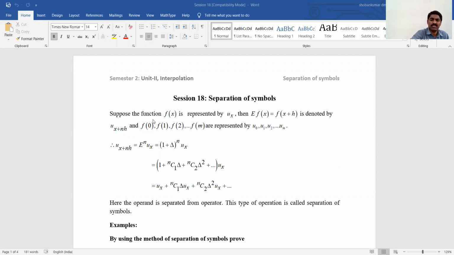Suppose any function f of x is represented by ux. Then E of f of x is equal to f of x plus h.